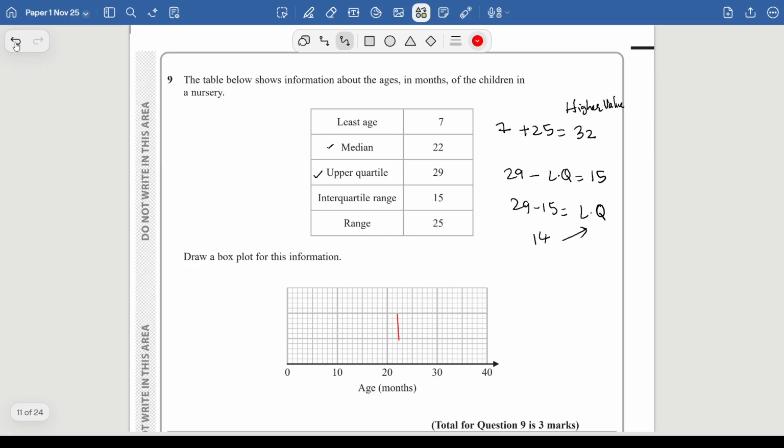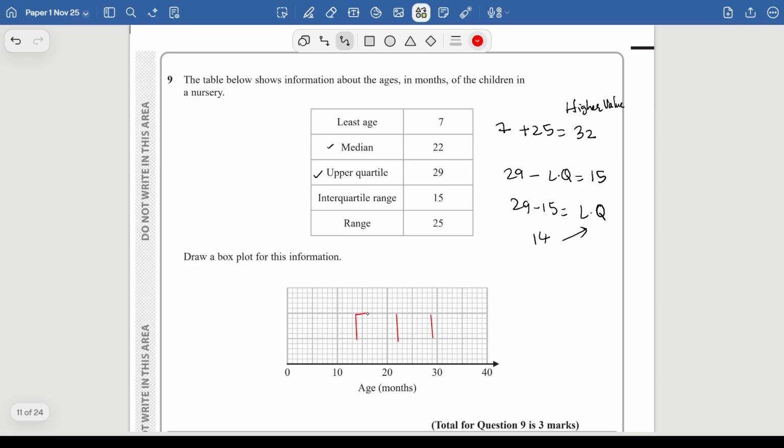And then the upper quartile is 29. 29 goes in here. And the lower quartile is 14. So that's 12, 13, 14. 14 is in here.